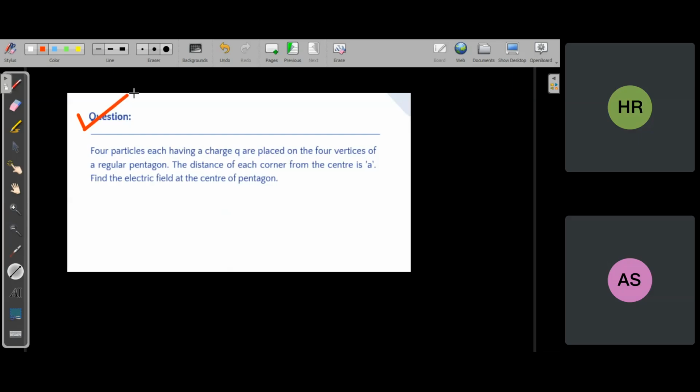Think, if charge is placed on all the five vertices of the pentagon, then what will be the electric field at the center? It is a regular pentagon.